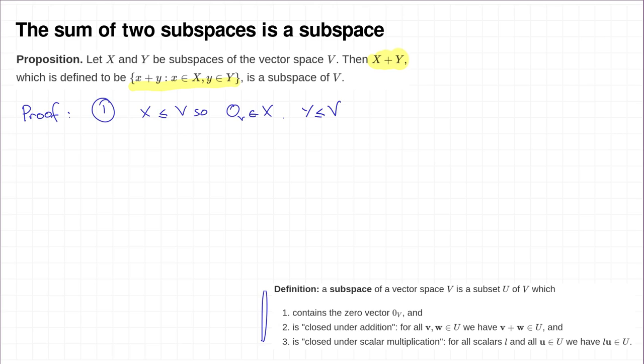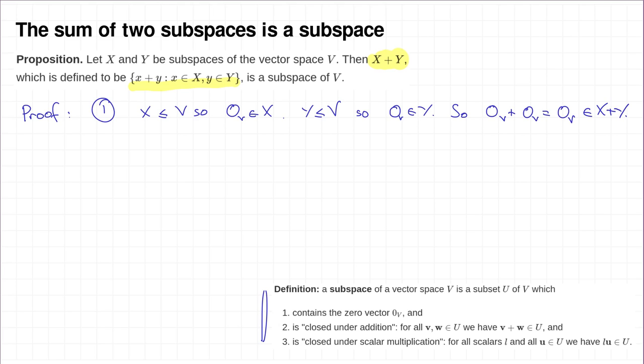Y is a subspace of V, so Y must contain the zero vector. So remember, the definition of X plus Y is the set of all things which you can get by adding an element of X to an element of Y. So 0_V plus 0_V, which by the way is equal to 0_V again by one of the vector space axioms, is in X plus Y.